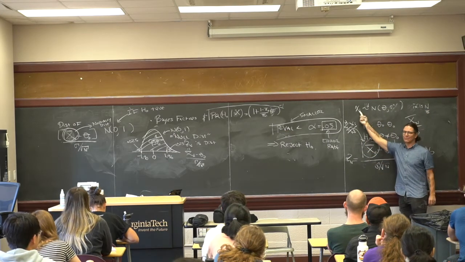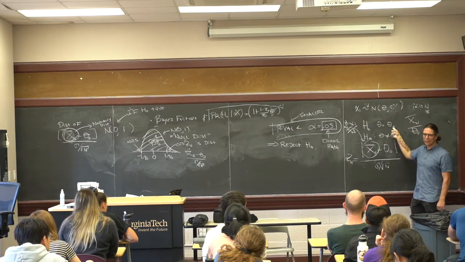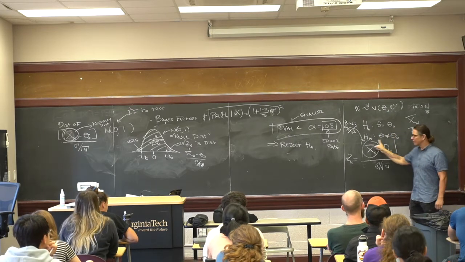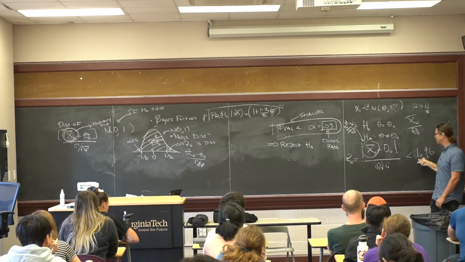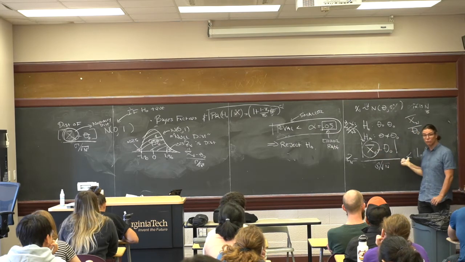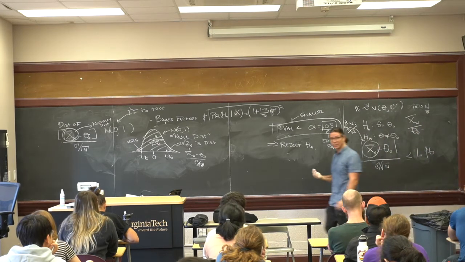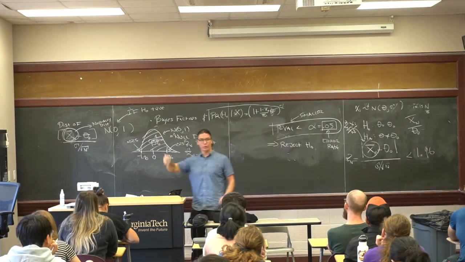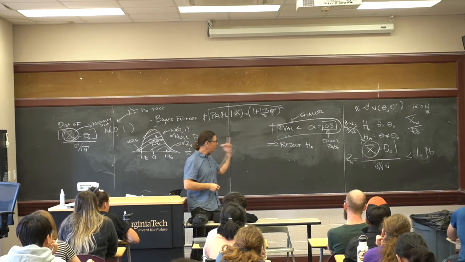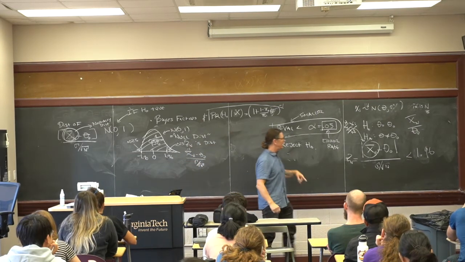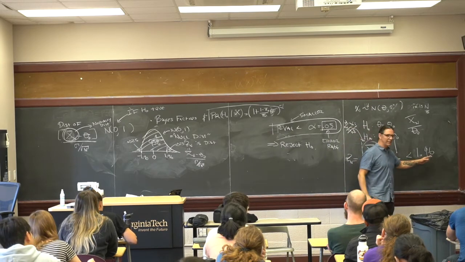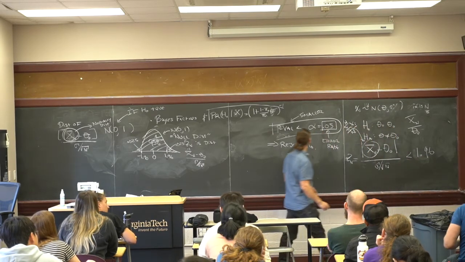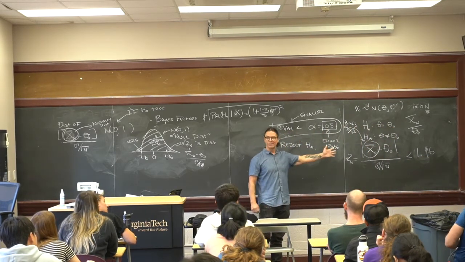I can get my x's. I hypothesize about theta. I build this test statistic and I check to see if it's the positive values thresholded by 1.96. If I did that over and over and over again, so I reject the ones that are less than 1.96, that would be equivalent to finding the p-value for this test statistic.